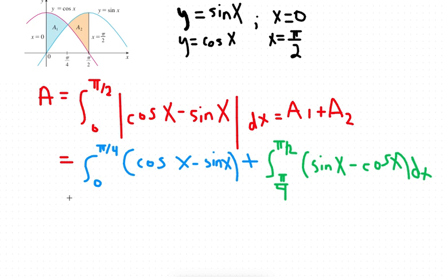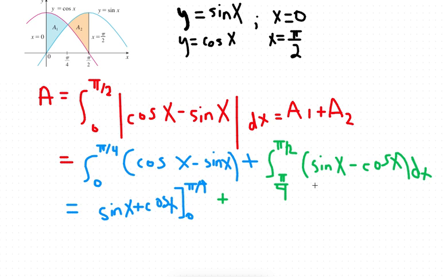So I'm going to switch back to blue, equals. Now the antiderivative of cos x is going to be sine x. So these are rules you should know by now. Sine x plus cos x. So I took this antiderivative, so you don't need the integration symbol anymore. And this is from 0 to pi over 4. Now I'm going to switch to green. Okay. So now, same thing with this side.